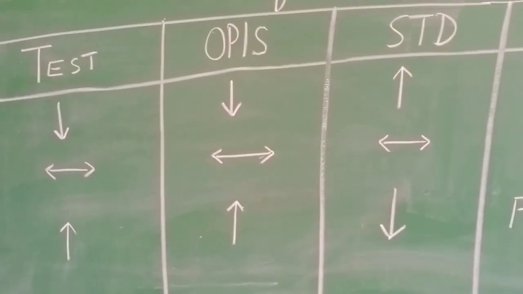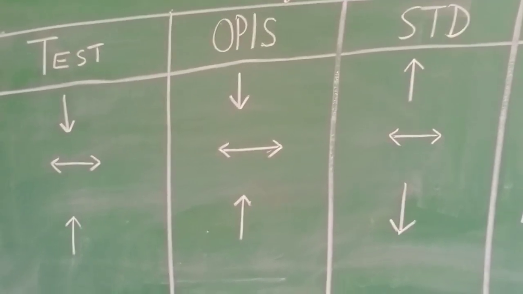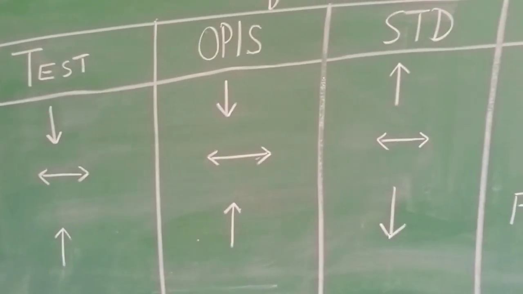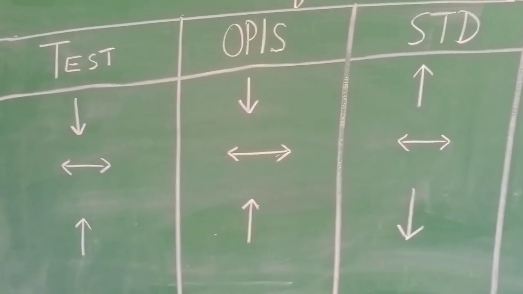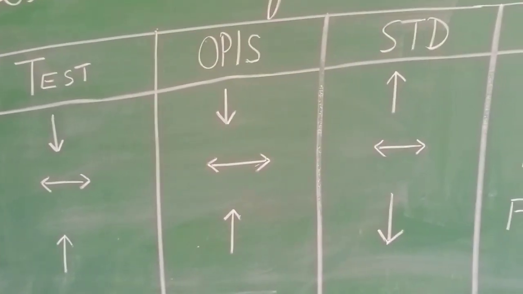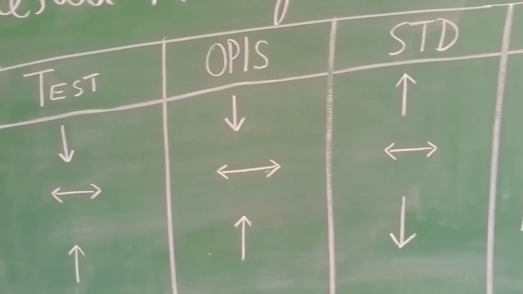In the very first row, we are getting 2 down arrows under the test and the opalescence. This indicates that the test has opalescence less than that of the standard, as the standard has an up arrow.